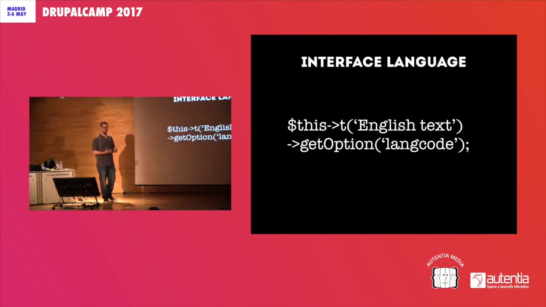And calling T doesn't actually translate the string itself, because we are trying to delay this until the last possible moment. So maybe you are creating code that is creating strings, and it's calling the T function, and then you have a form alter, and you are removing these strings.